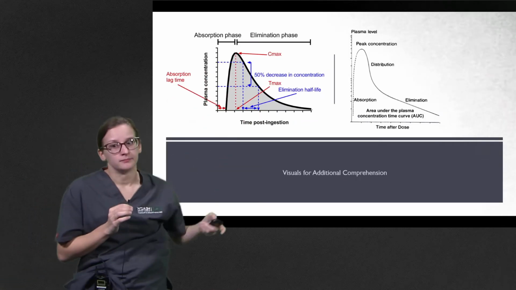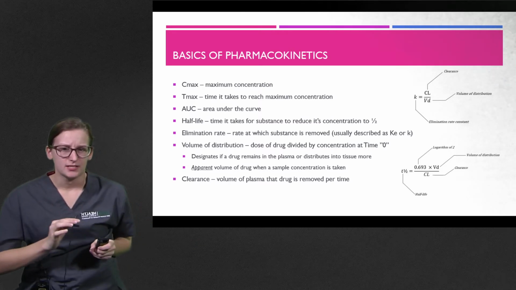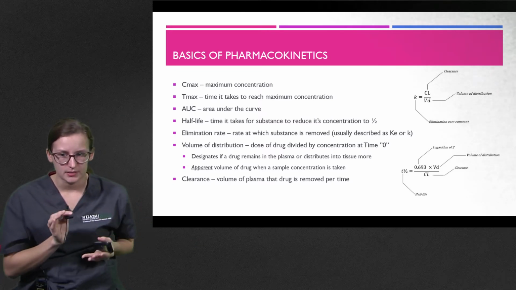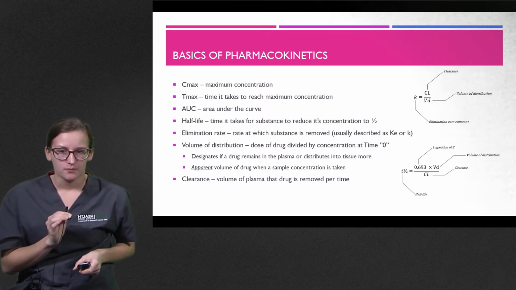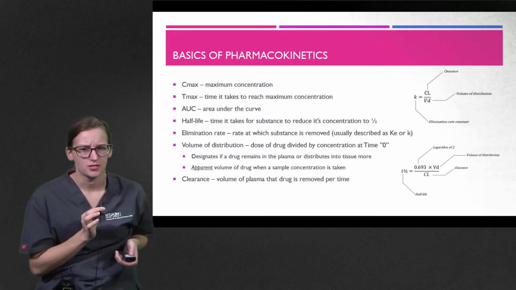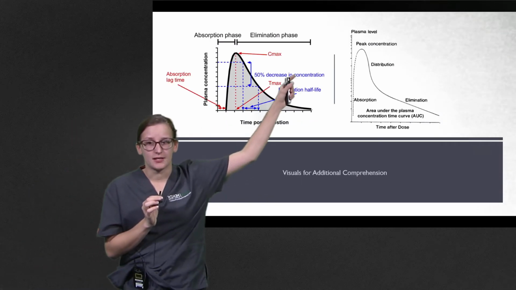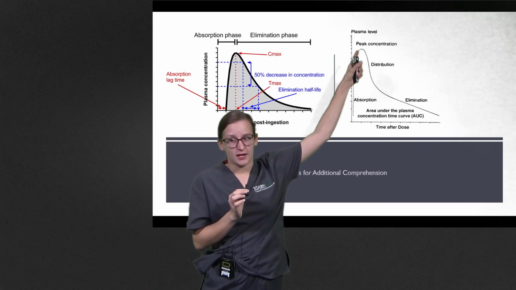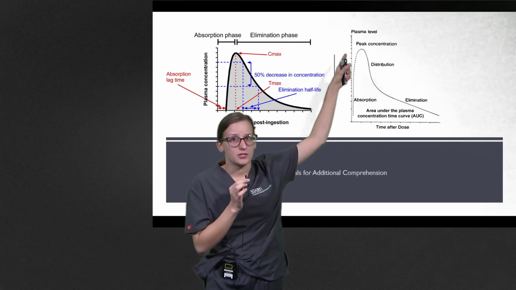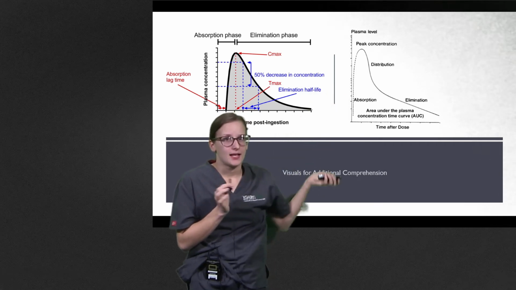And then volume of distribution, I'll go over this in more detail because I think there's a more specific lecture that goes over it, but it's the dose of the drug divided by the concentration at time zero, meaning when we administer it. Imagine this peak right here is at t equals 0, we take the dose divided by that concentration, and that's the volume of distribution.